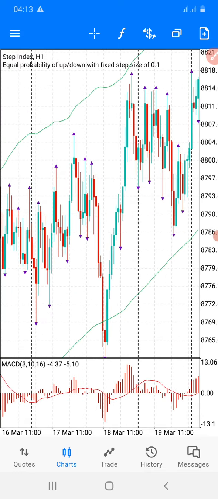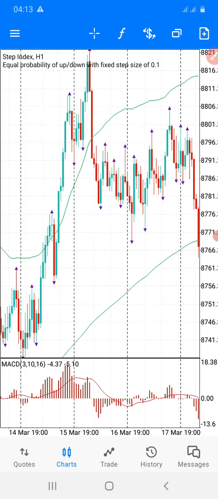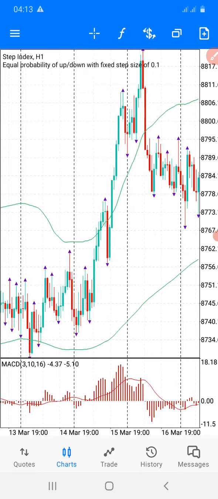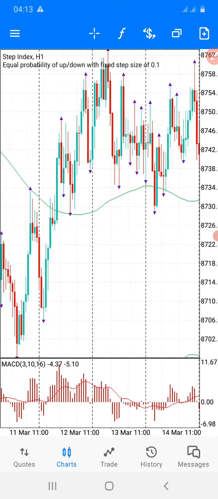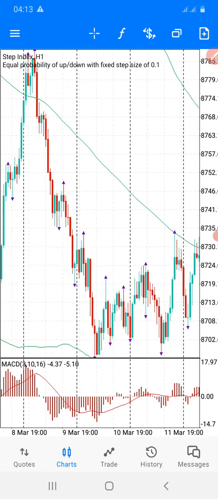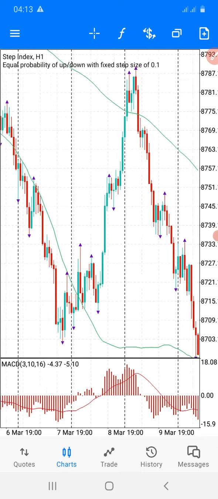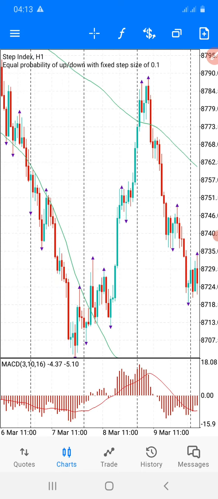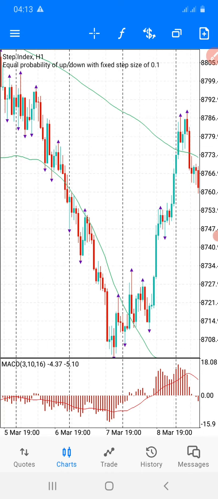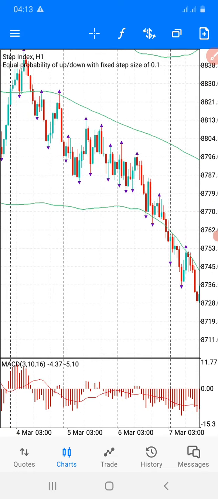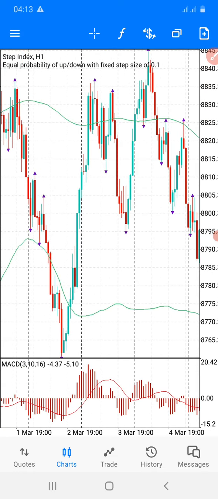Divergence is when there is a disagreement between the price action on the chart and the indicator window. When they are both disagreeing, it means that when the market is making a higher high in an uptrend and the indicator is making a lower high, divergence is happening in the market.